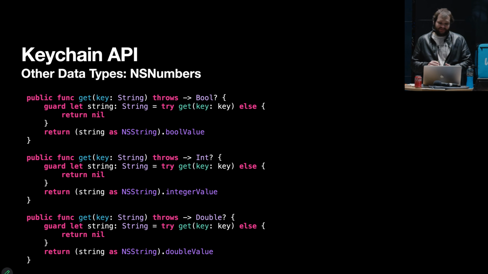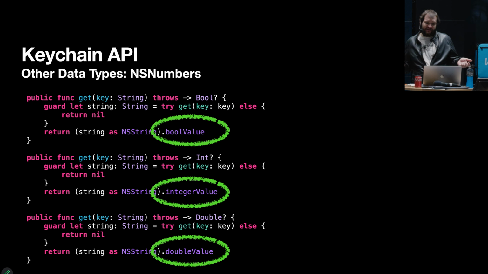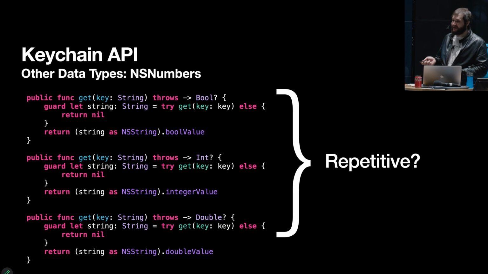For other data types, for example integers, Boolean, and double, those are normally required to get parity with user defaults. One way is to convert them to string through NSNumber, because NSNumber can be converted to string and vice versa. Then you can easily get those values like number, integer, Boolean and floating point. And yeah, it looks repetitive, right?